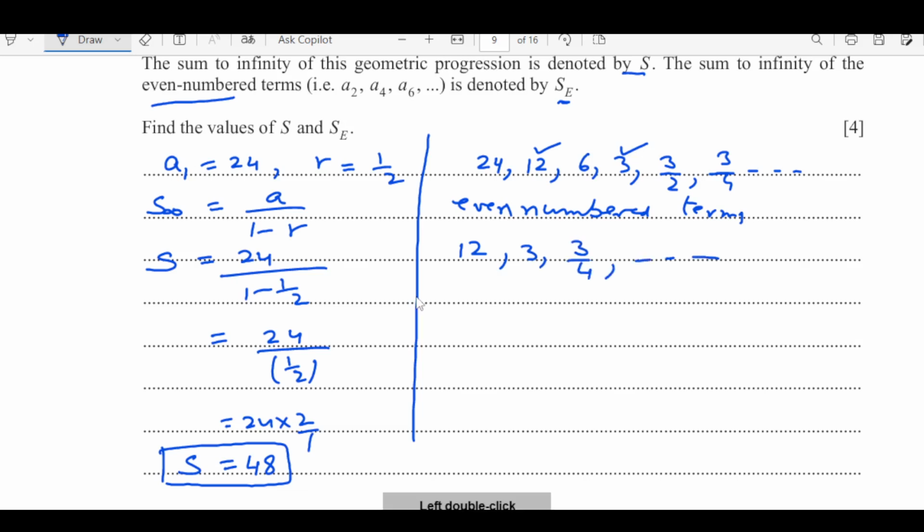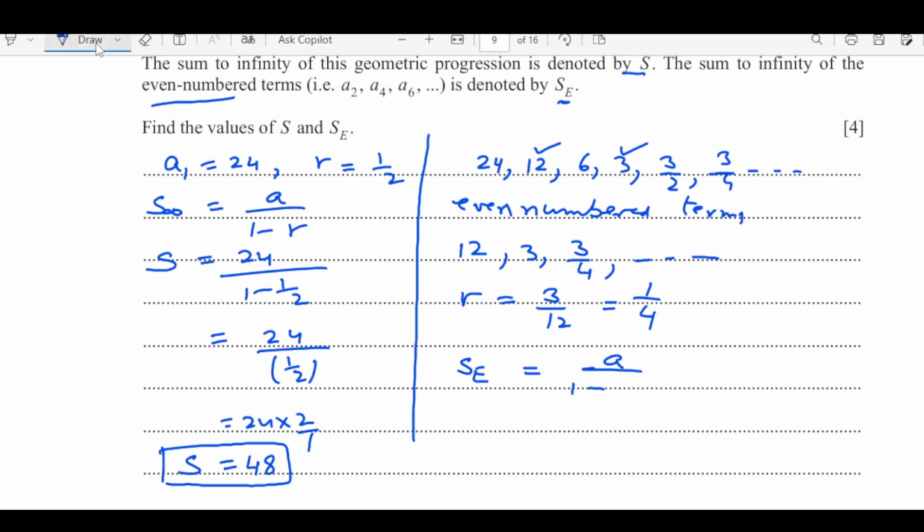So now we are going to find the common ratio. The common ratio for this one is going to be the second term divided by the first one, that is 1 over 4, right. So now SE, that is the sum of even numbered terms, is a over 1 minus r. Also, because for even numbered terms there is no limit, we do not know how many terms there are, so that is also considered as infinity.